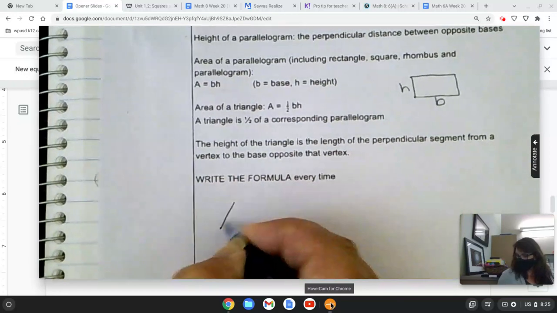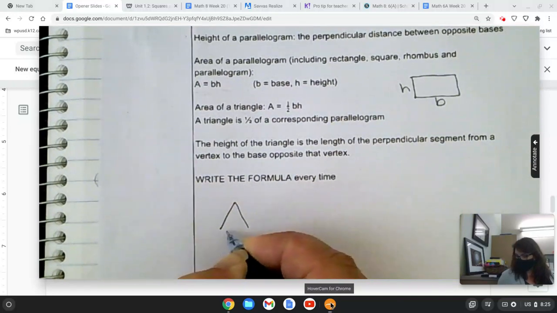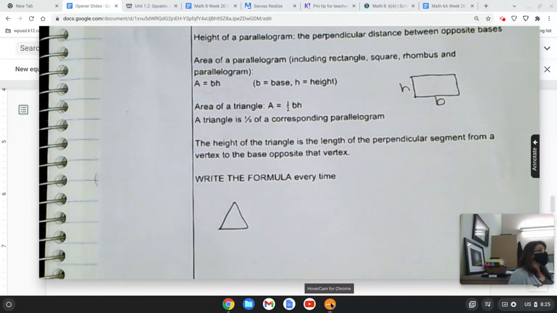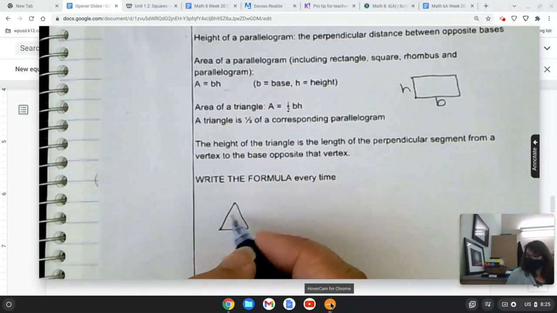Okay, but what if you have a triangle that looks like this? The triangles that we drew when we were little kids. Okay, mostly isosceles-ish triangle. I'm not going to prove it because I don't draw them perfectly. The height cannot be a slant.